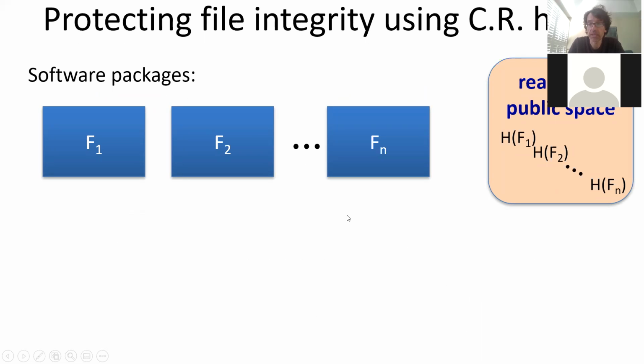You know, there is other usage of collision resistance. So, for example, now you can have a protected file system without a key, because let's say you hash all your files, and you don't have a key, but you do have a small secure storage.